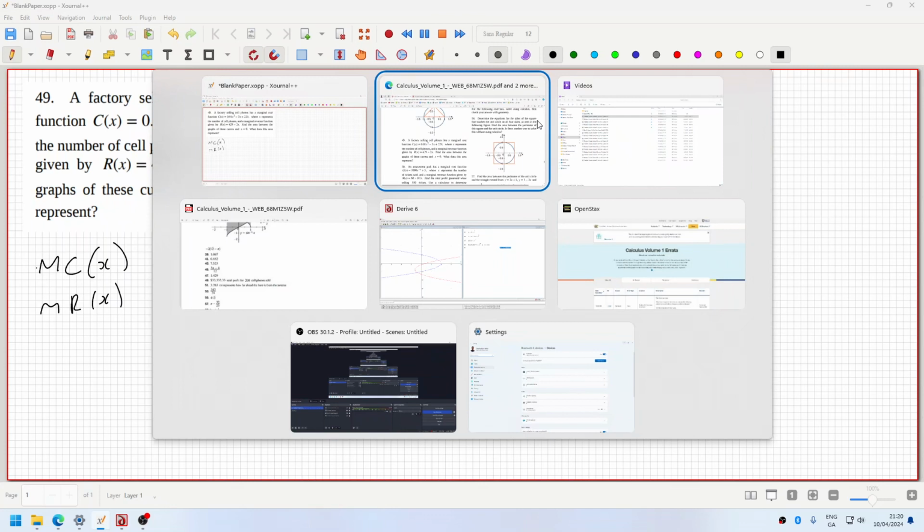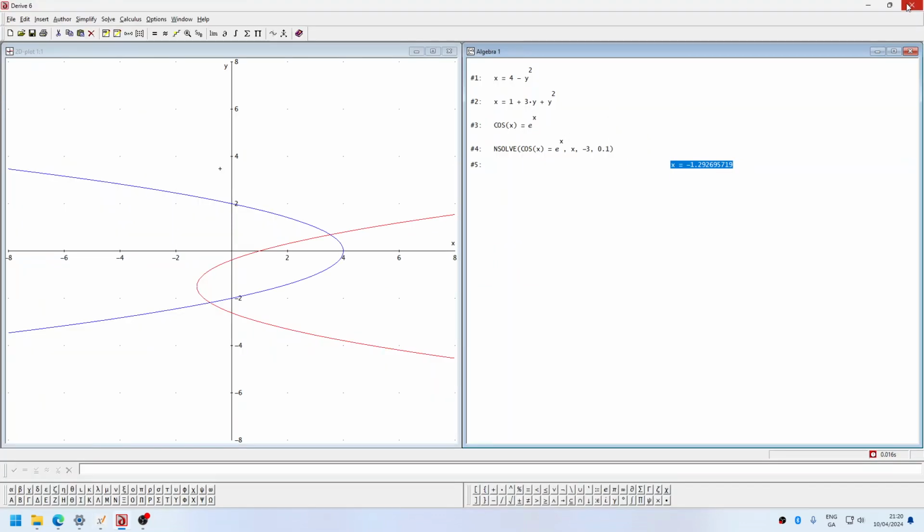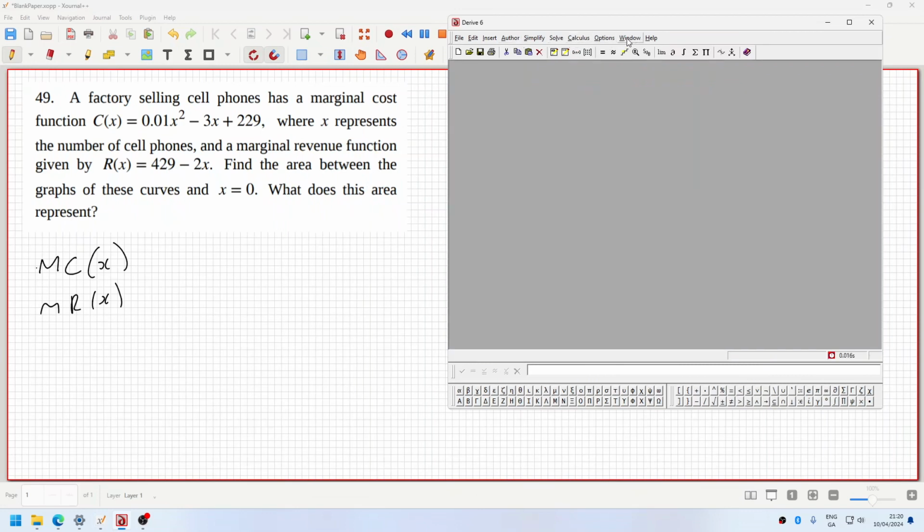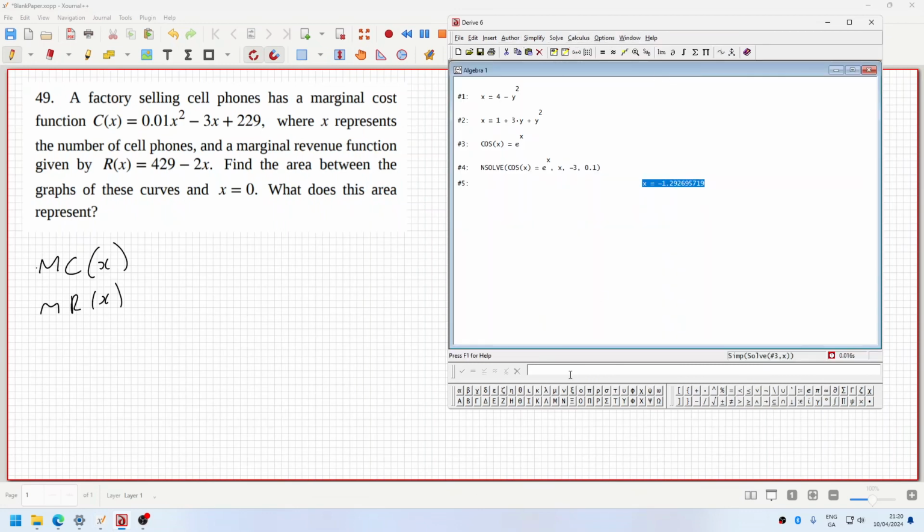Let me graph that to show you. 0.01x squared minus 3x plus 229. 429 minus 2x.